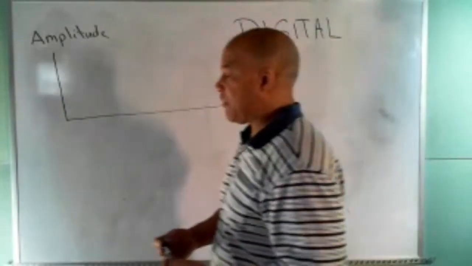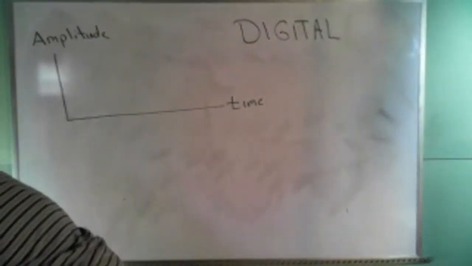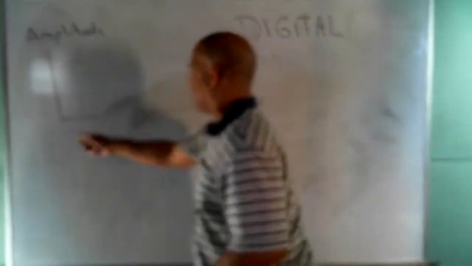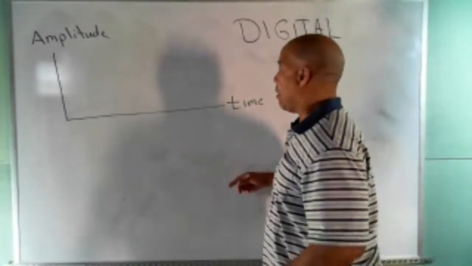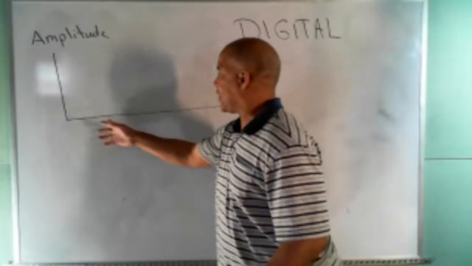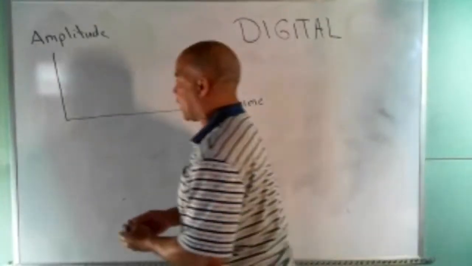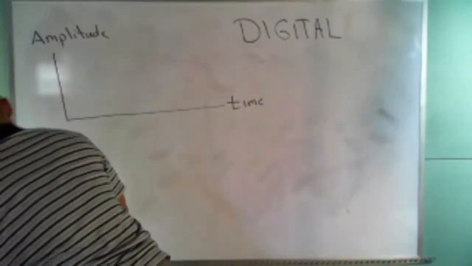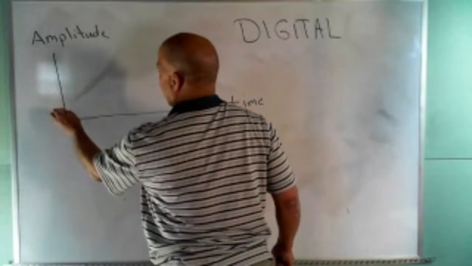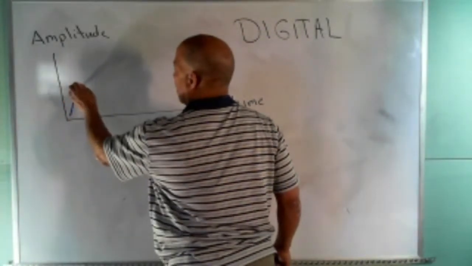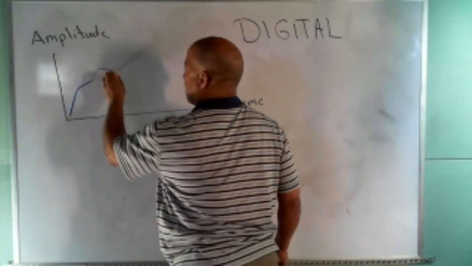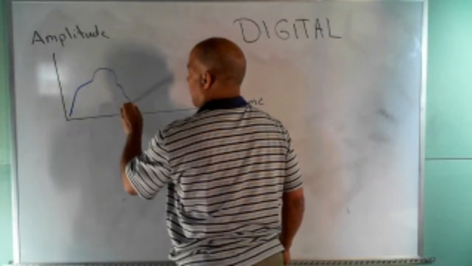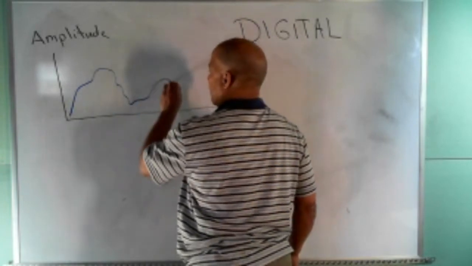So let's say whatever this transducer is doing, maybe you're measuring the temperature at regular intervals, and you get a signal that looks like this. Maybe you start off right here, and you go up like that, and then it just goes on.